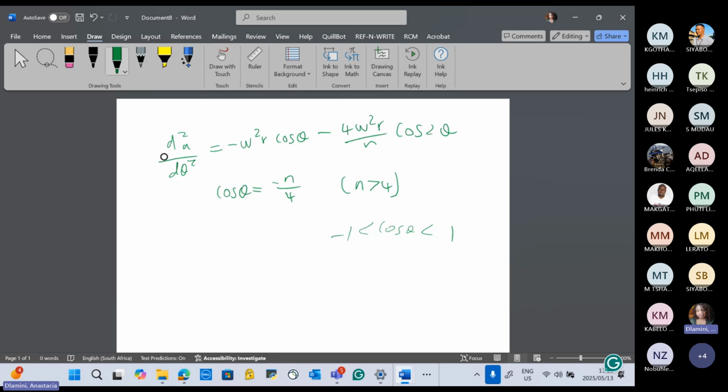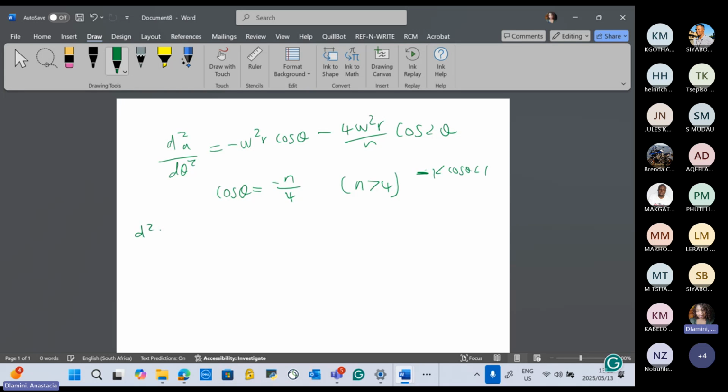I think we should define that cos 2 theta as 2 cos squared theta minus 1, if I am not mistaken. You mean we use the identity. So let's do that. We should bear in mind that cos is between negative 1 and 1.